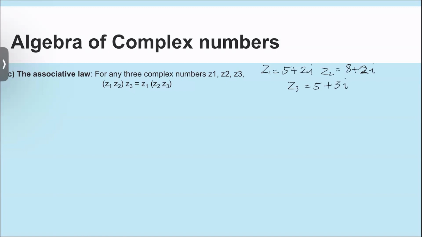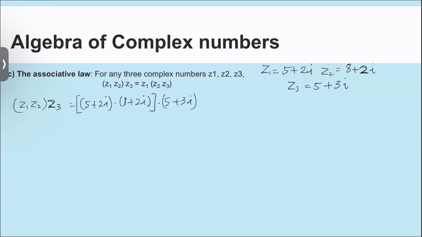So the left hand side of the statement, we have Z1 Z2 Z3. Okay, so first we will solve for Z1 into Z2. So we will get this as 5 plus 2i multiplied by 8 plus 2i, and the entire product is then multiplied by 5 plus 3i.